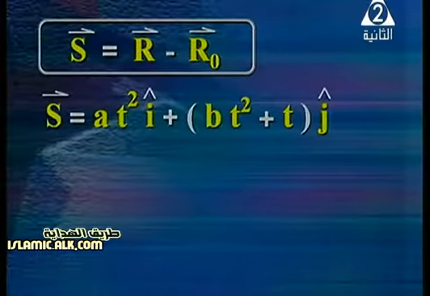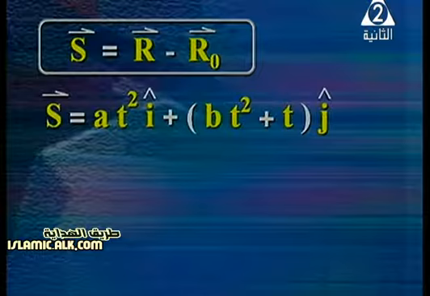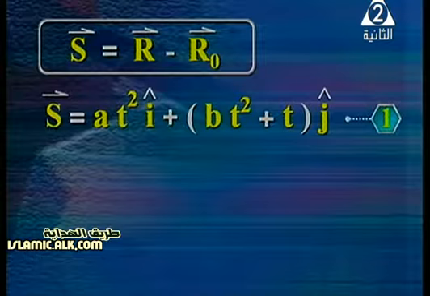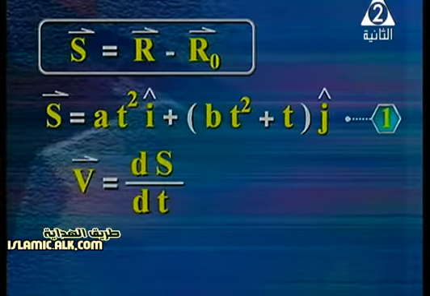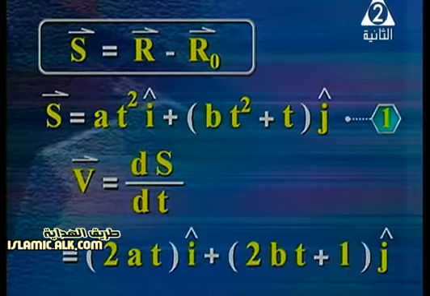We know that S equals the displacement r minus r naught. What is the S? a t squared i vector plus (b t squared plus t) j vector. This is relation number 1. We find the velocity by the derivative of S with respect to time t. What is the derivative? 2at i plus (2bt plus 1) j vector.